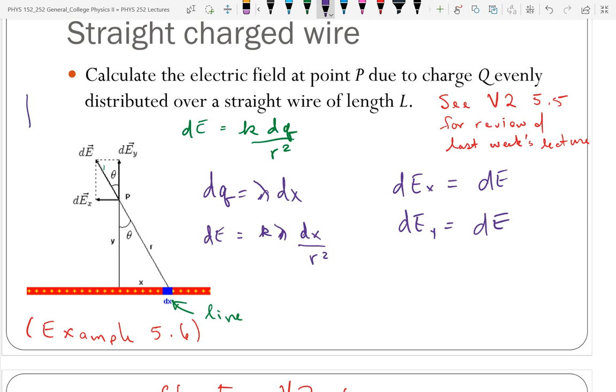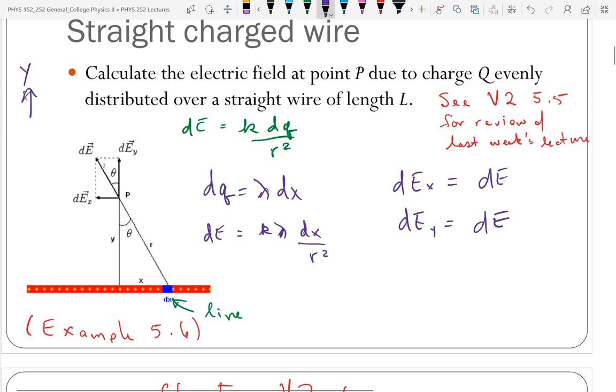It doesn't have positive directions marked, so let me make positive directions explicit. Okay, so there I have my directions explicit.